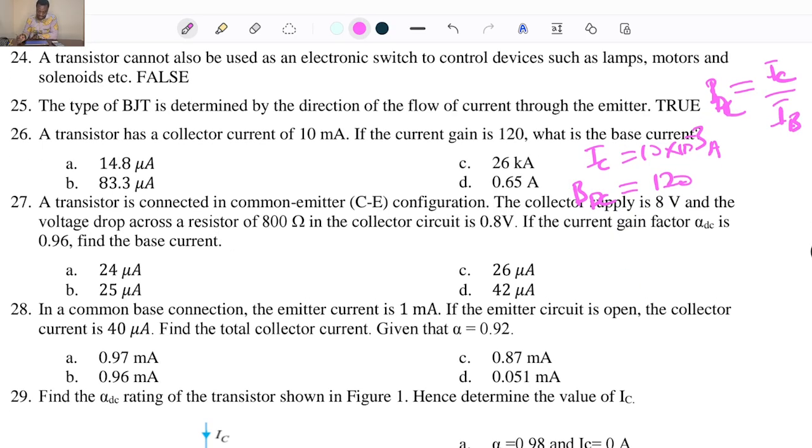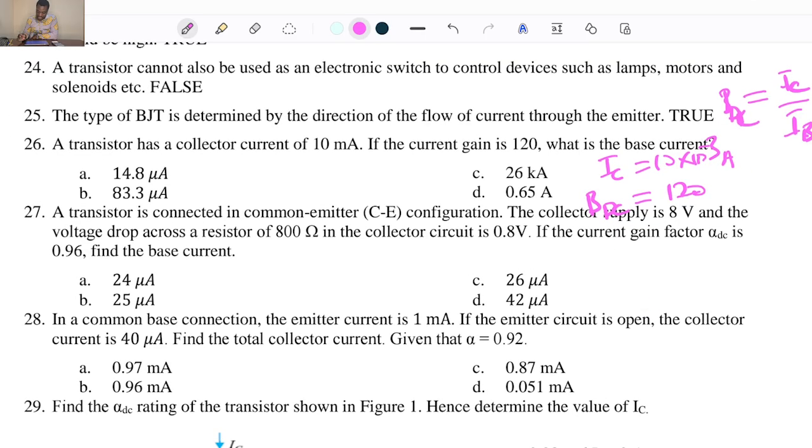So we just make the base current the subject, and with this we are going to get base current will be equal to the collector current over beta DC. So we're just going to do it straightforward.